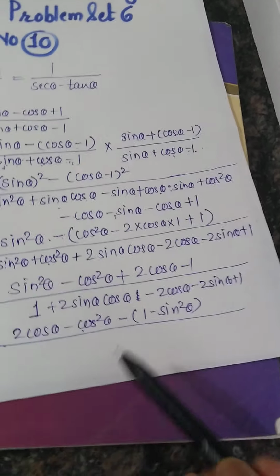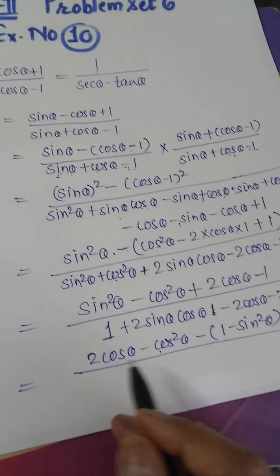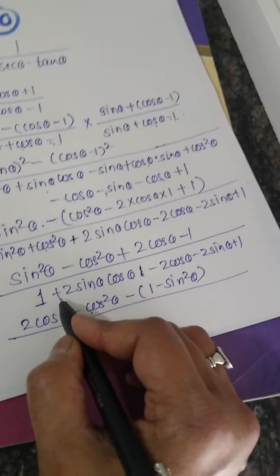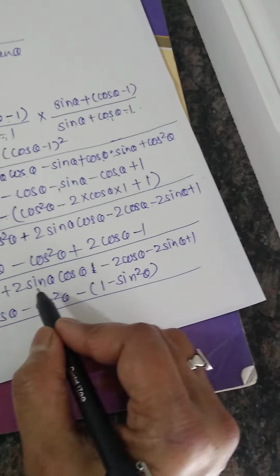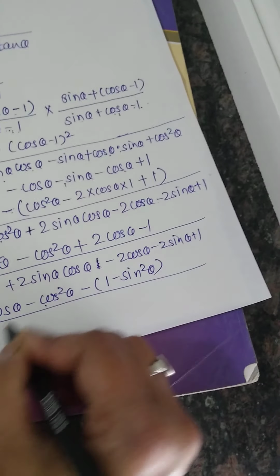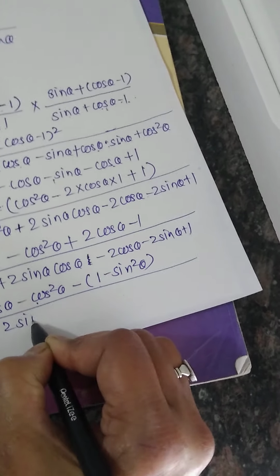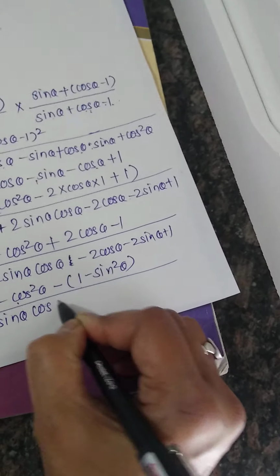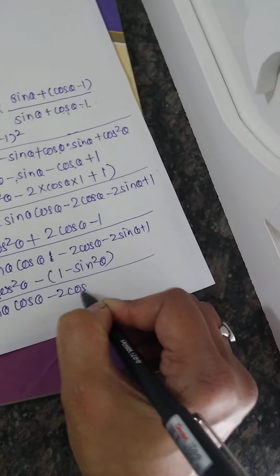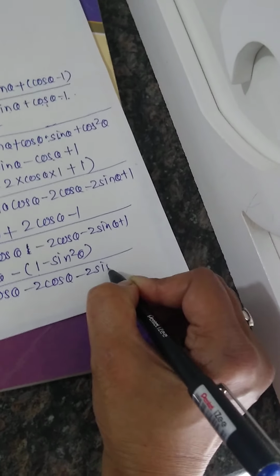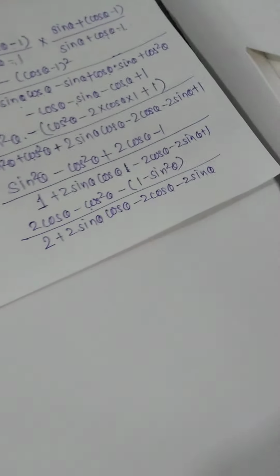So these two terms will be added. Here 1 plus 1 is 2, plus 2 sinθ cosθ minus 2 cosθ minus 2 sinθ. Like this we can solve the example.